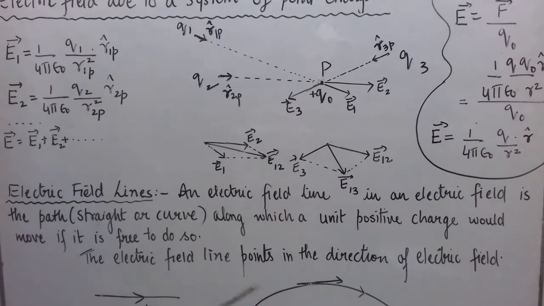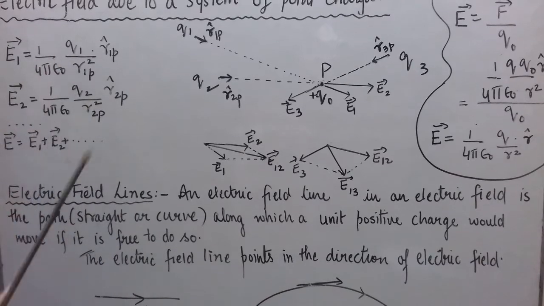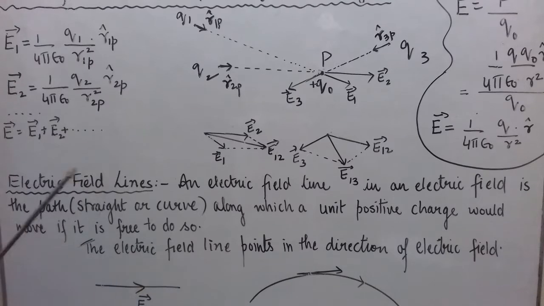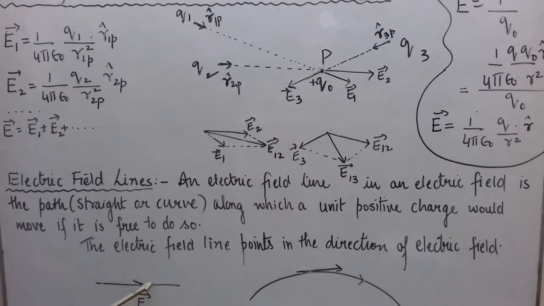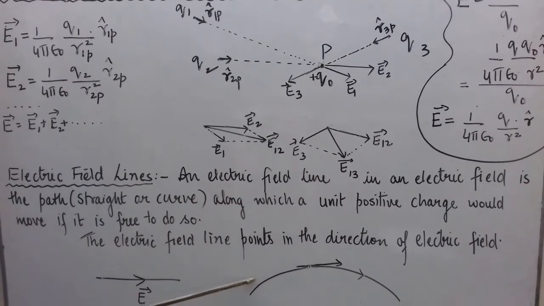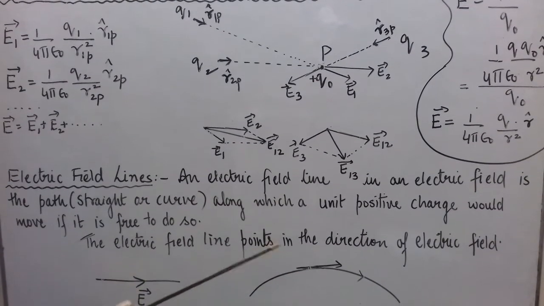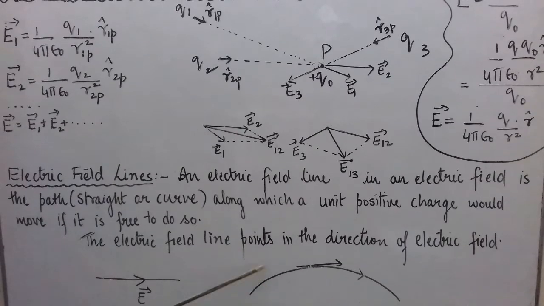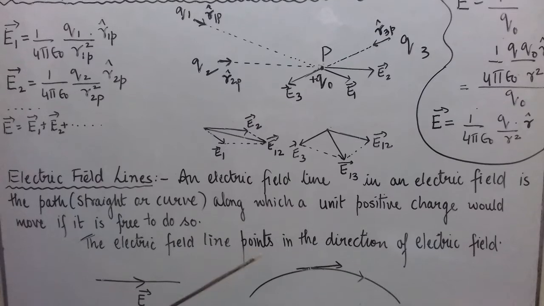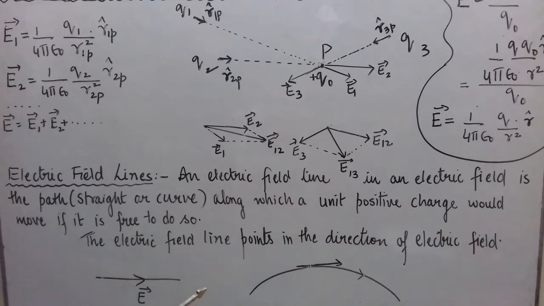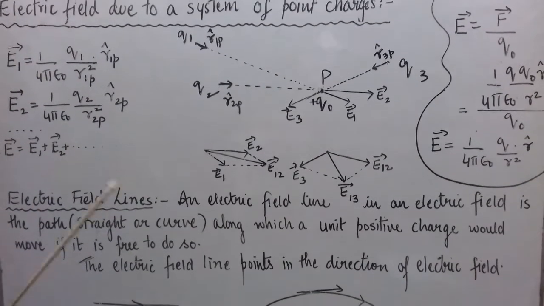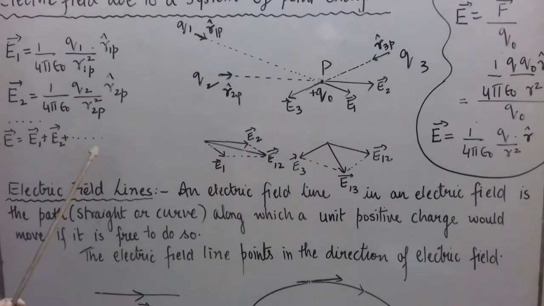So the direction of electric field is given by electric field lines. If it is straight, the straight line itself gives the direction of electric field at any point on it. If it is curved, then at any point on it, the tangent to the electric field line at that point gives us the direction of electric field strength or electric field intensity at that point. Hope this is clear to you, but this is a new topic. You should revise this. It should be on your tips actually.